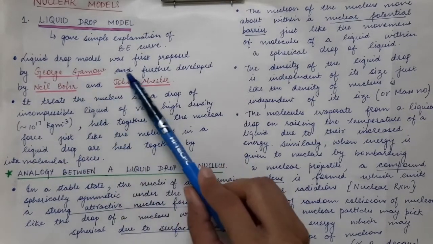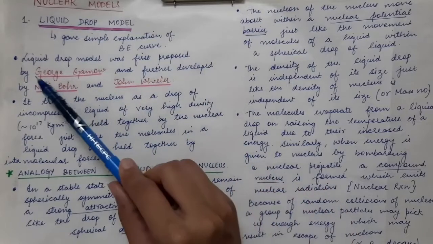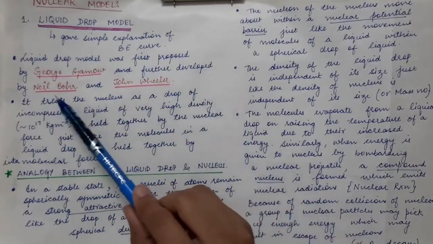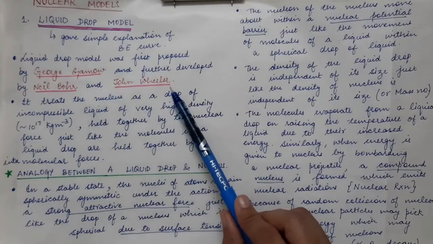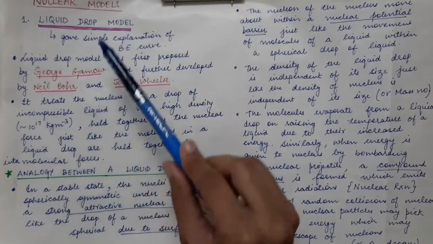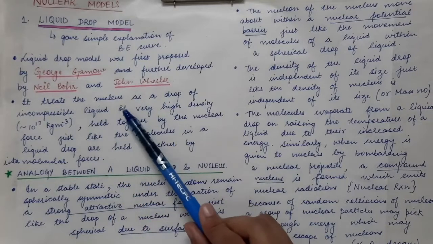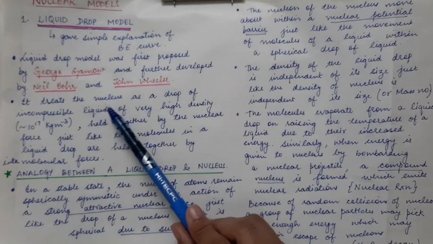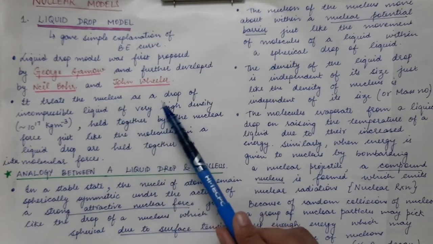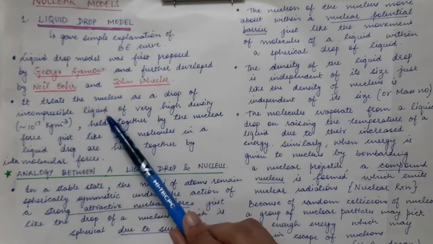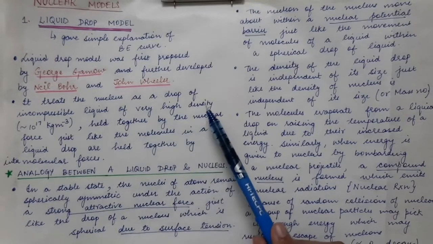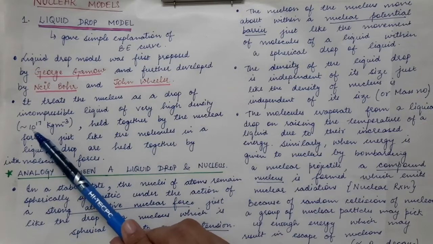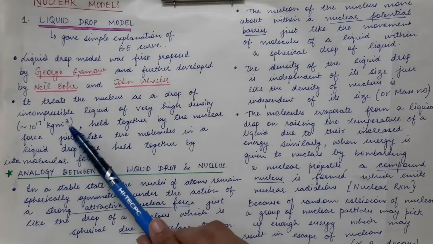This liquid drop model was first proposed by George Gamow and then further developed by Niels Bohr and John Wheeler. It treats the nucleus as a drop of incompressible liquid of a very high density, and the density of such a drop is considered to be 10 power 17 kilograms per meter cube.